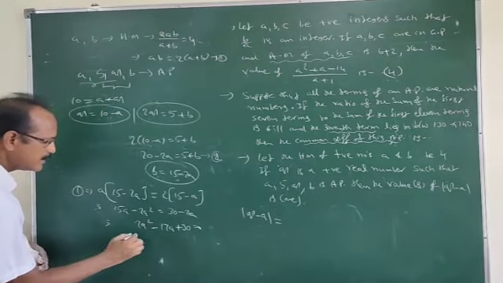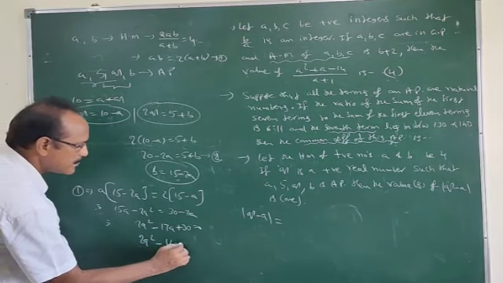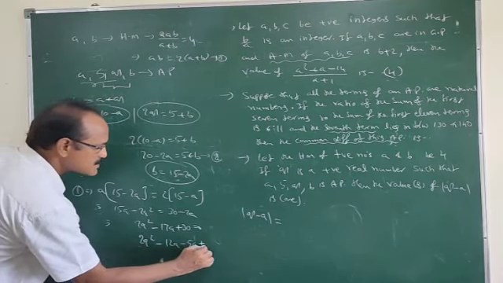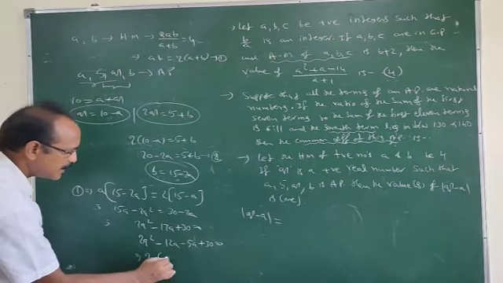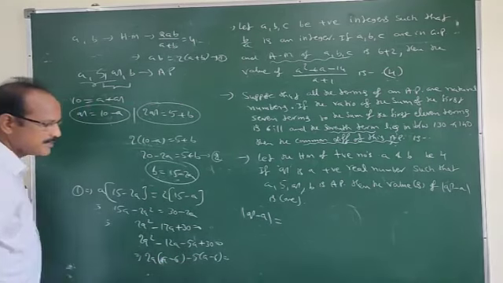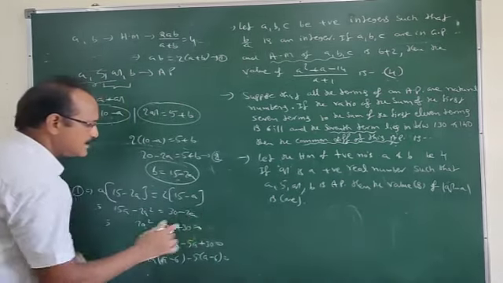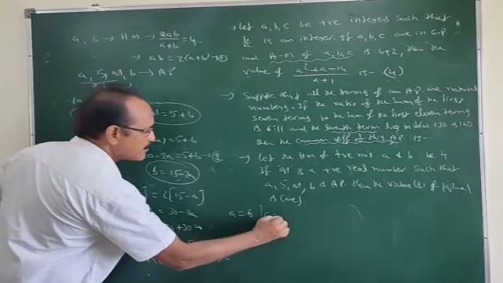So that's why 2A square minus 12A minus 5A plus 30 is equal to 0. Now I am getting the A values. 2A of (A minus 6) minus 5 of (A minus 6) equals 0. So the A value is either 6 or the A value is 5 by 2.